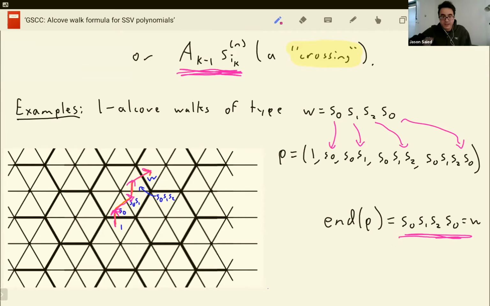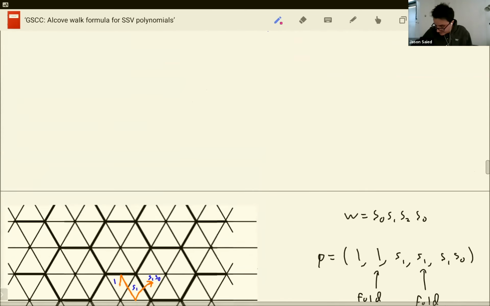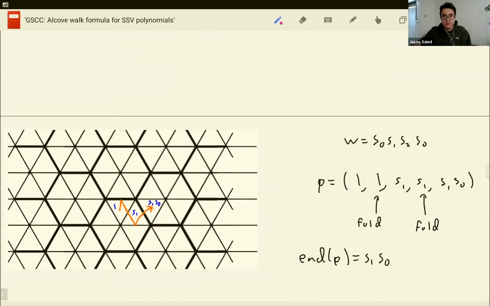But I don't have to cross every time. So here's a different example of an alcove walk. Same W. But now what I'm going to do is I'm going to choose not to use S0. I'm going to do what's called a fold there. And the way you visualize this in the picture is I go to the hyperplane I should have crossed and then turn around. So I don't actually do anything. But then for the next step, I'm going to choose to cross at S1.